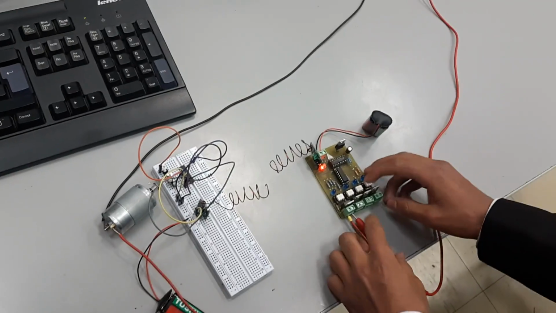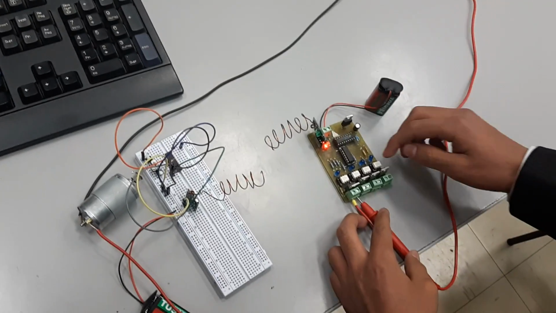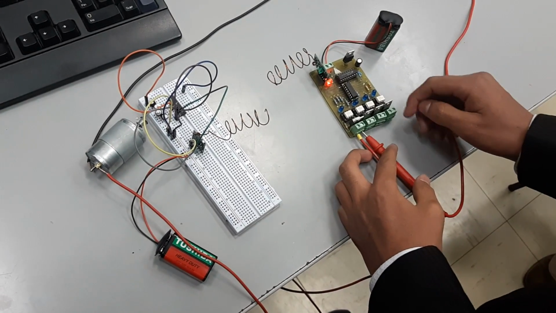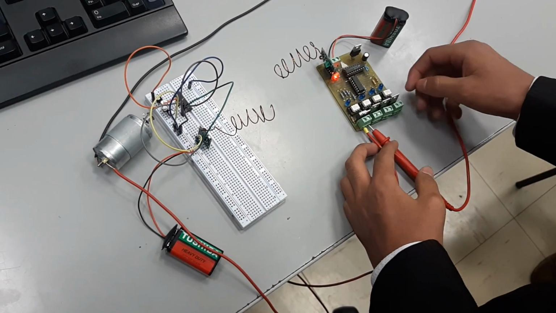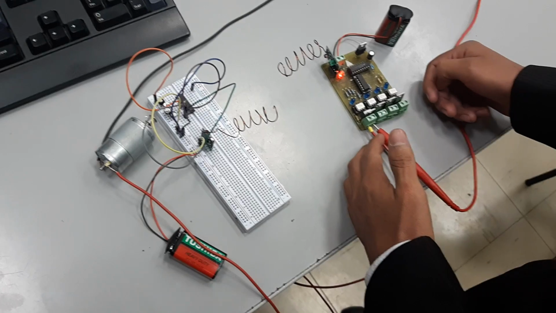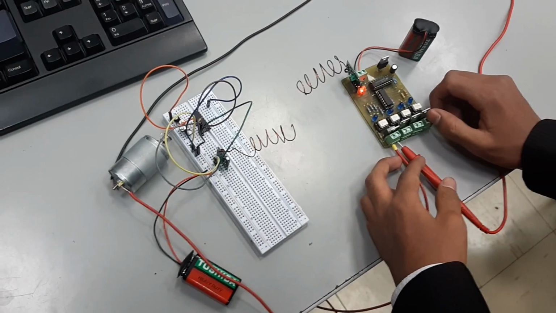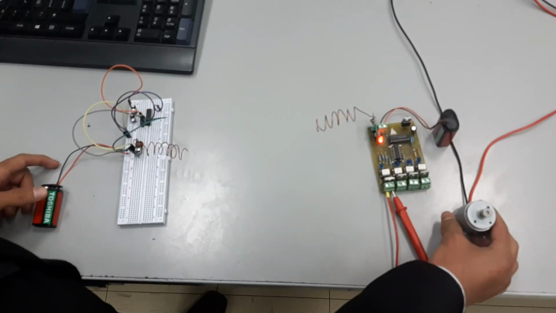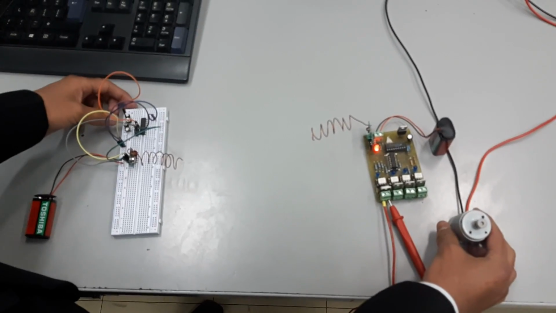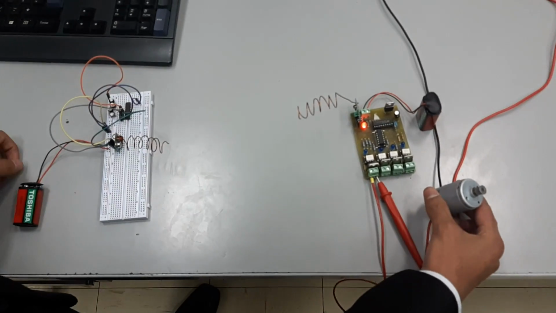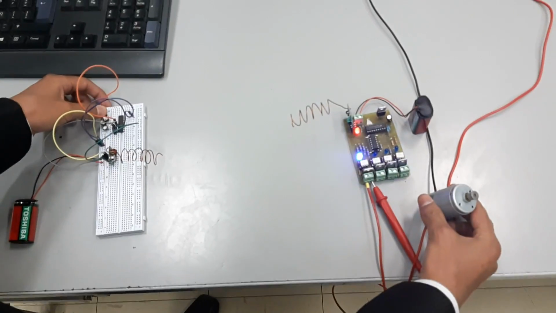We can take advantage of this power control. For example, we have MOC and we have triacs to control the AC power control. In this case, we control the power with a motor in DC.